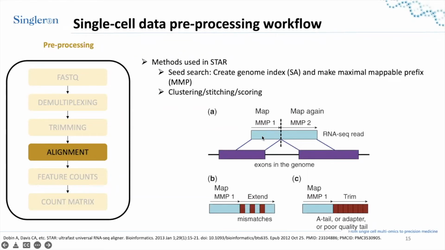But in some of the other algorithms like Alevin, if one read maps to multiple different genes, this one read will be split into different parts and accounted for in the counts of the multiple genes.